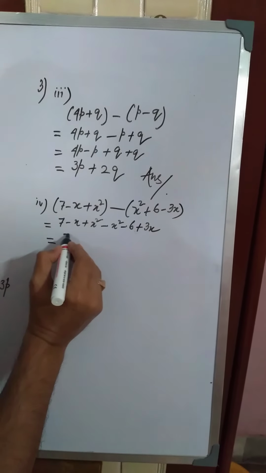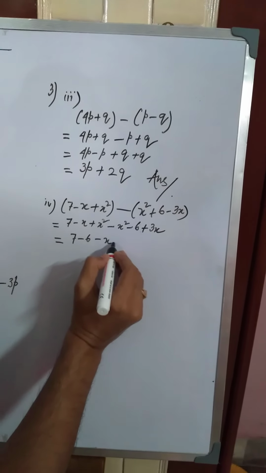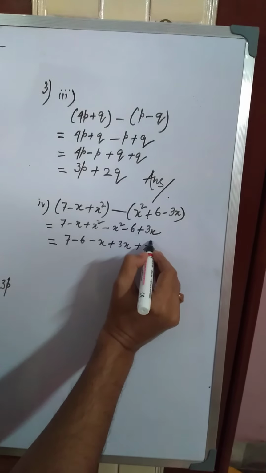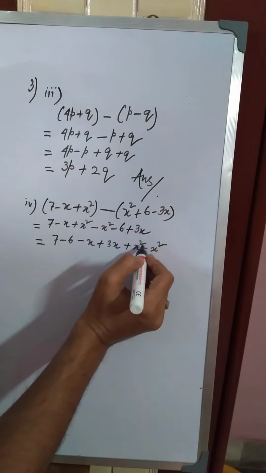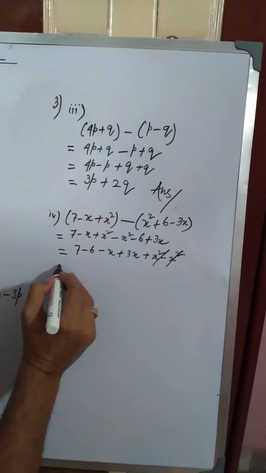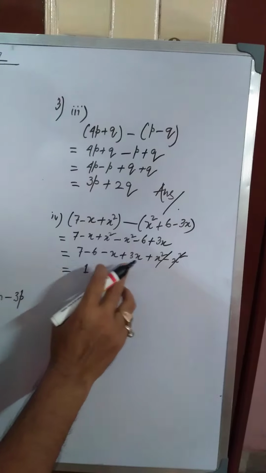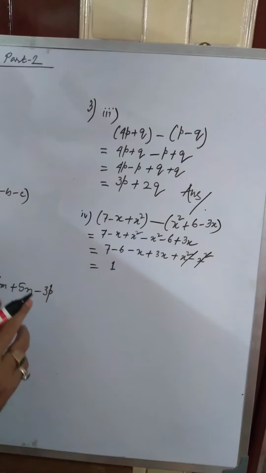Now arrange the like terms, 7 minus 6 minus x plus 3x plus x square minus x square. Plus x square minus x square cancelled each other. 7 minus 6, 1. Now minus x plus 3x. Plus minus, you have to subtract.